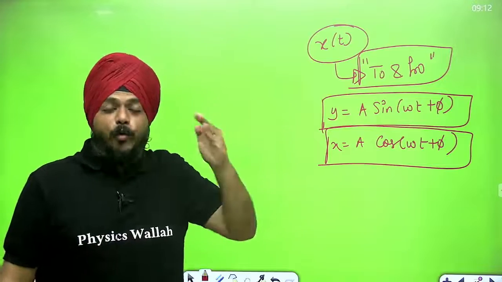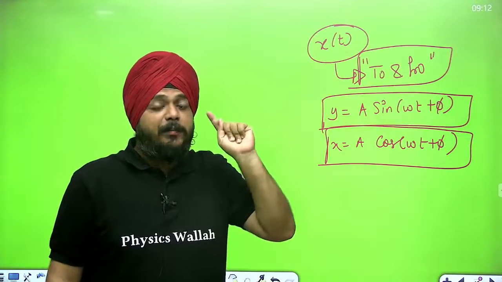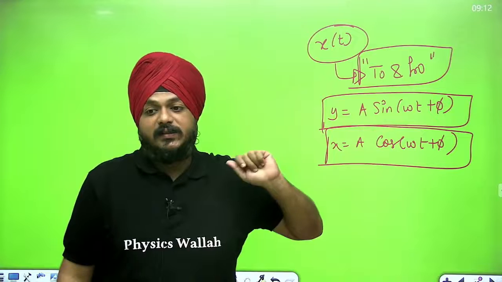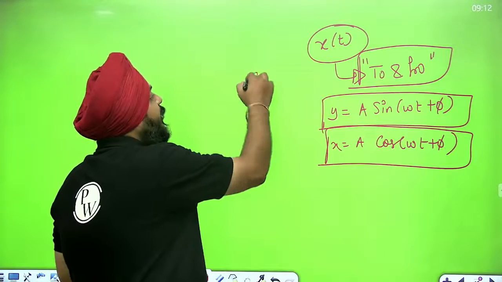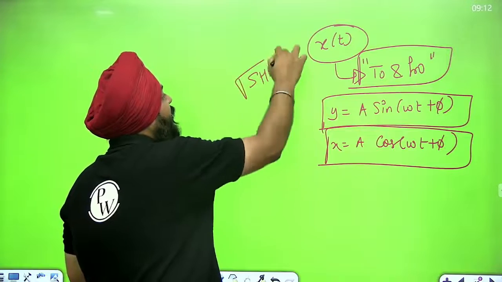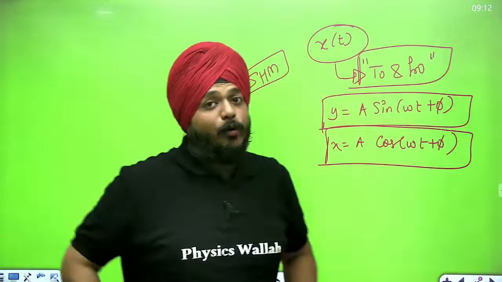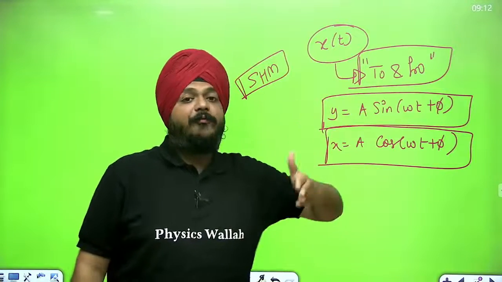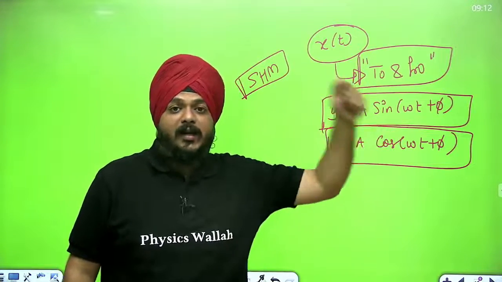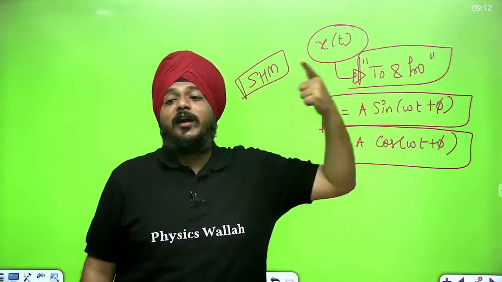We need the position of the particle to be repeated at regular time intervals. See, in physics, if any activity that you want to express in terms of mathematics, then you need a proper logic behind it. To and fro means each and every position should again come back after regular time intervals.